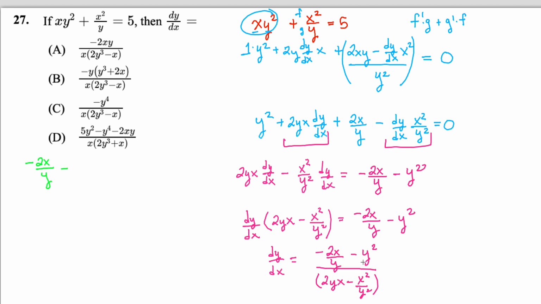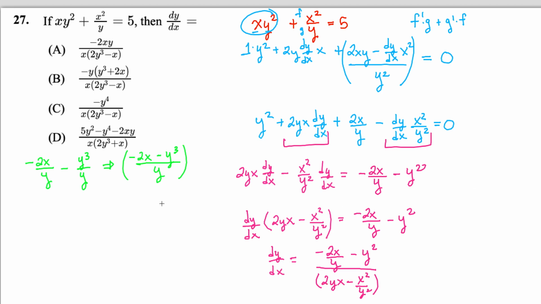minus, if we look, y squared is the same thing as y cubed over y. The entire top part is just negative 2x minus y cubed, all over y. That's the common denominator. And then the bottom, I'm going to get a common denominator as well, and I'll do that on the right over here.